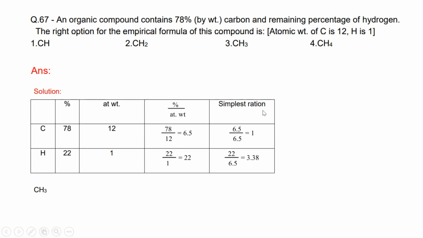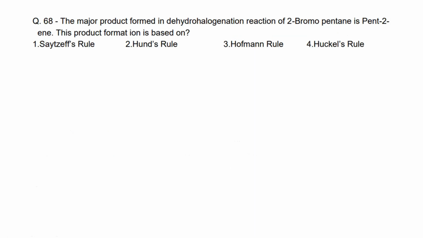Right. So next question number 68. The major product formed in the dehydrohalogenation reaction of 2-bromopentane is pent-2-ene. The product formation is based on... So it is the major product in dehydrohalogenation, that means elimination we are doing. So in this elimination, pent-2-ene is the major product.